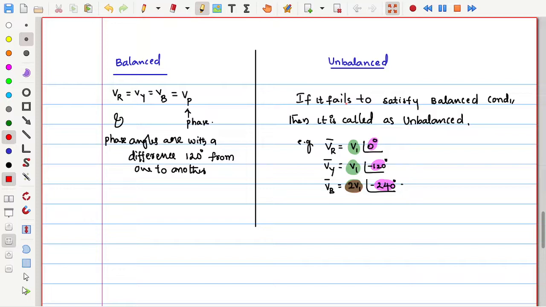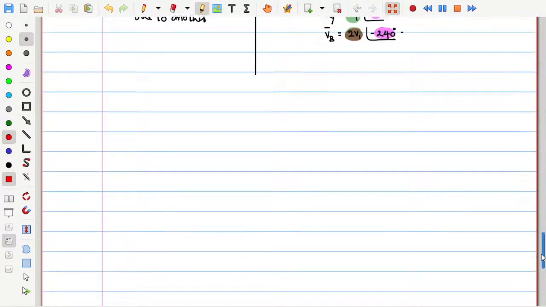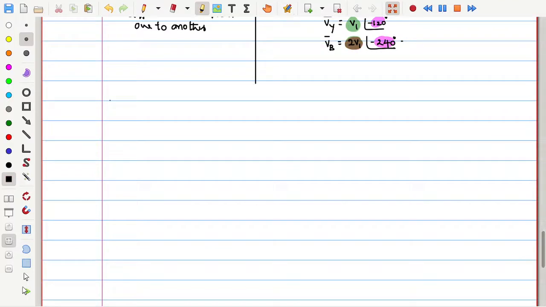Okay. So now let us see one more interesting thing, which is the phase sequence. Sequence means just which comes next. Like in a seating order, people are sitting in a sequence, 1, 2, 3 like that.